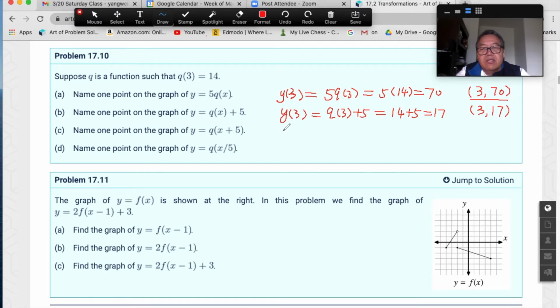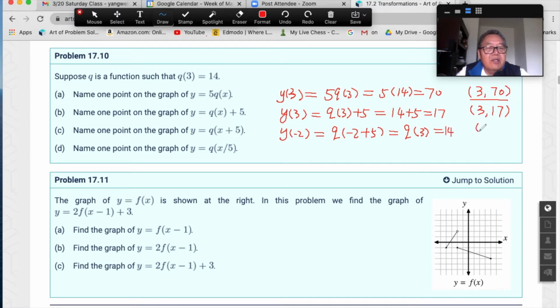Now for part C, we can do this one. You need to put the x value as negative 2. Then this is Q(-2 plus 5), which equals Q(3), so this one equals 14.